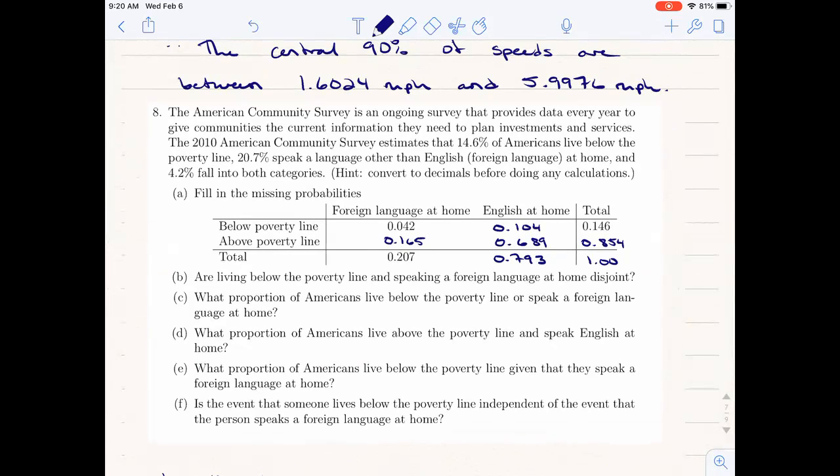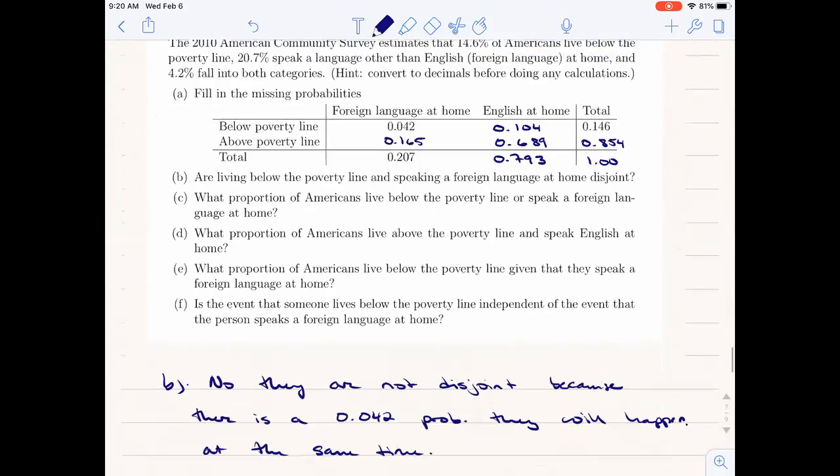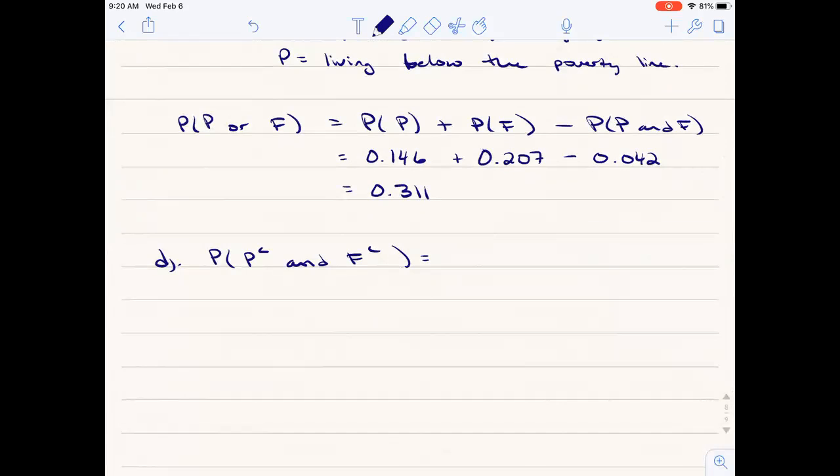So they have to live above the poverty line, so they have to be on this line here, and speak English at home. So the only one that satisfies that is 0.69.